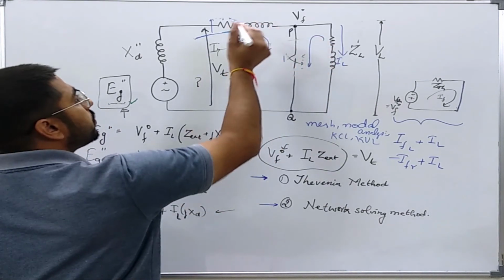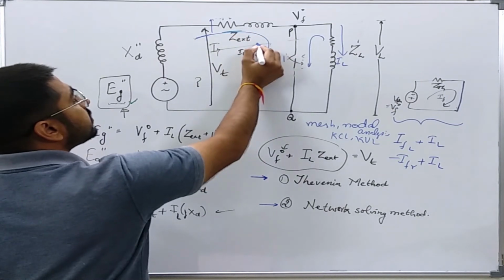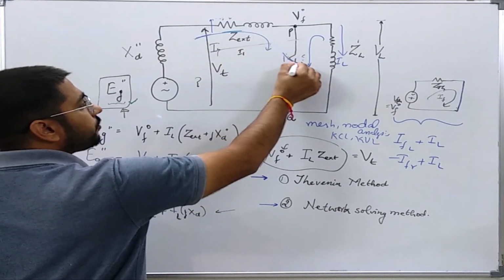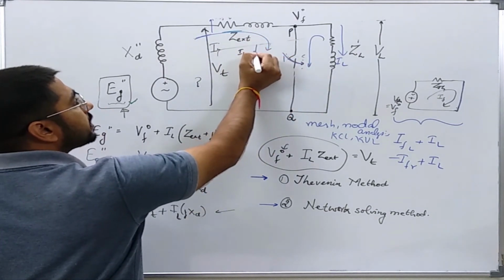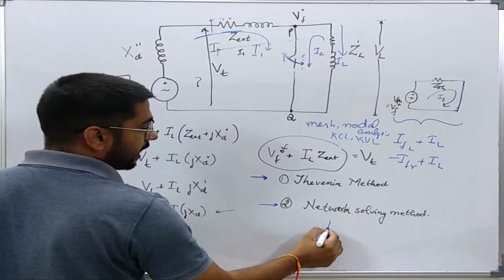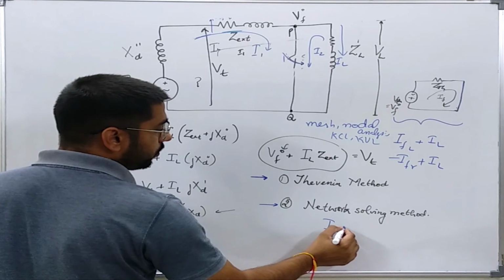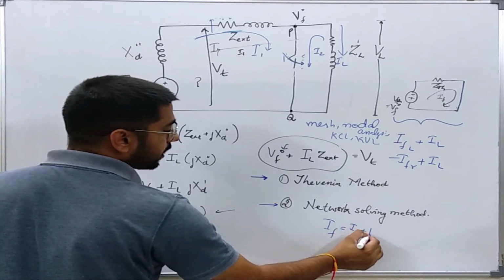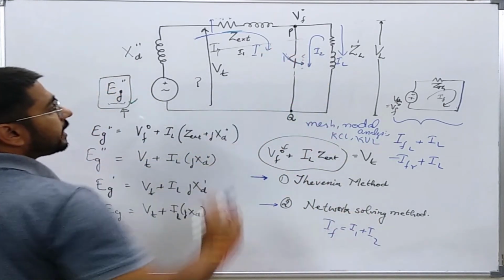Okay, so let us say this is the current which is found after the fault occurred. Let us say it is I1 and this is I2. Then the fault current will simply be IF equals I1 plus I2 through KCL.